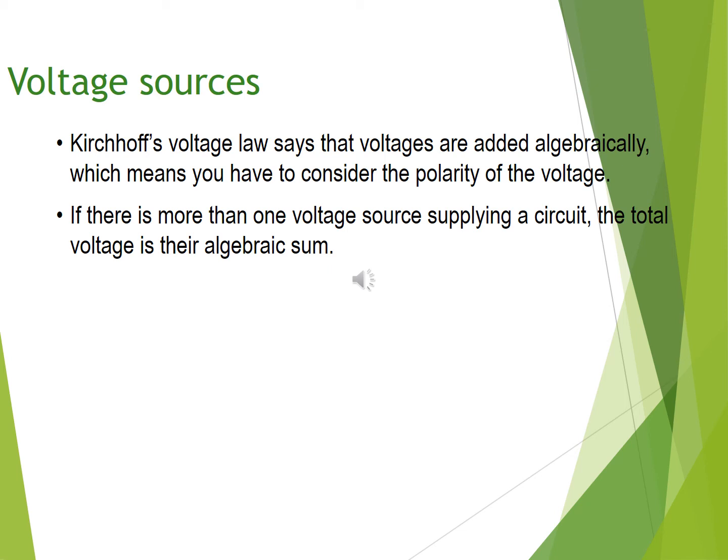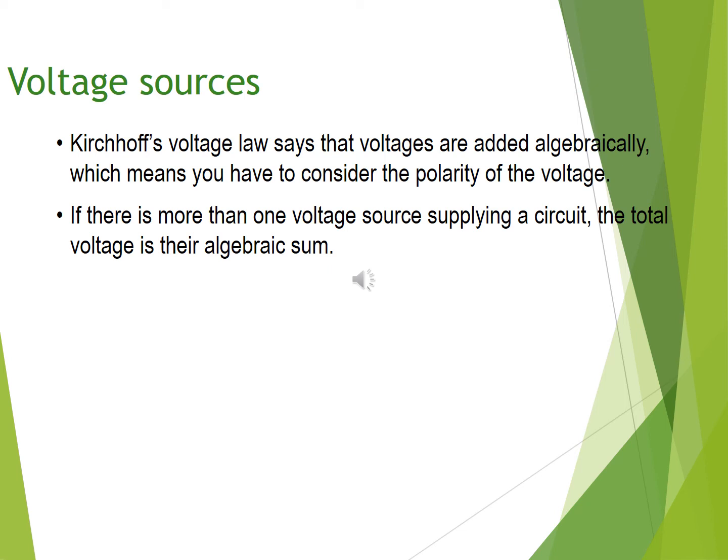interact. For instance, if you were to have, say, 10 1.5 volt cells connected in series, you would have 15 volts as a total voltage. That's 10 times 1.5, if you connected them positive to negative, and so on.